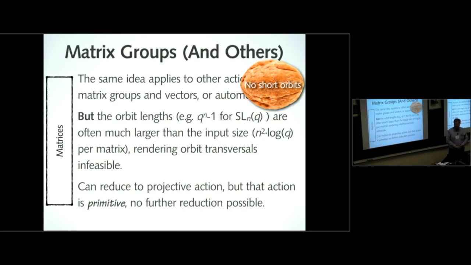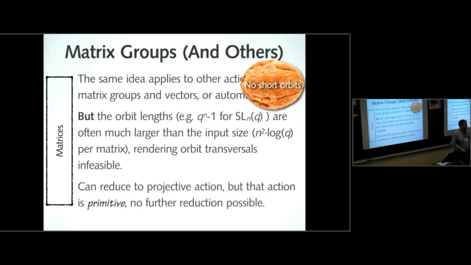No, there are not. Theory about the special linear group and about many other matrix groups says there are no short orbits. All possible orbits are long. Why? Because all subgroups have comparatively large index. So, that approach with a stabilizer chain will not work for such groups. For matrix groups, something else is needed.